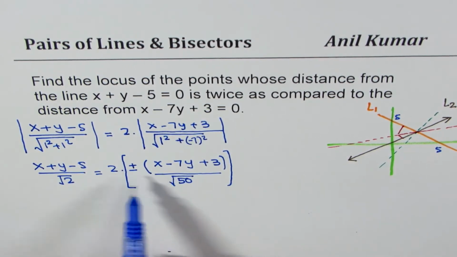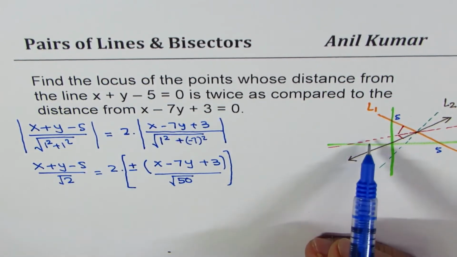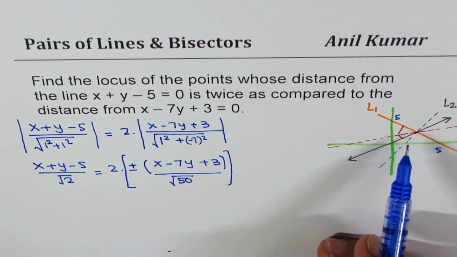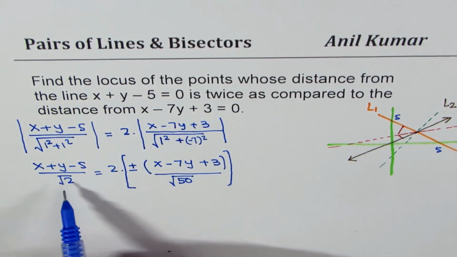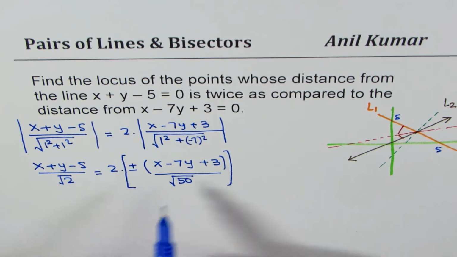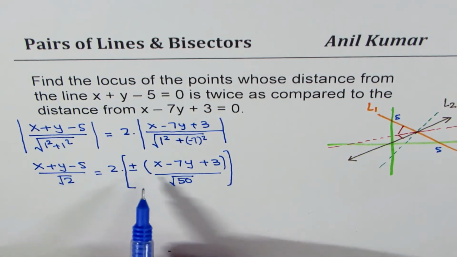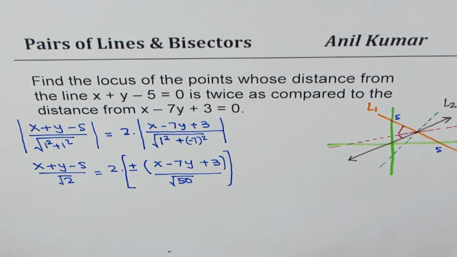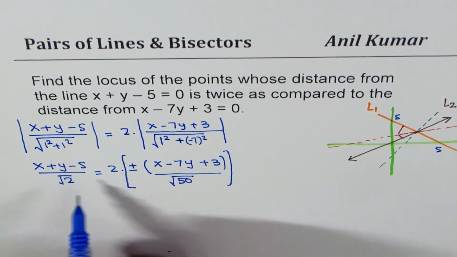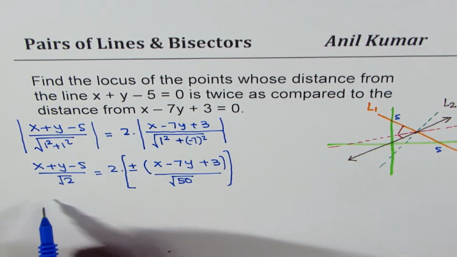Now that gives you two equations basically, and these are the two equations for these two lines, right? So we'll just cross multiply. We could simplify the square root of 50, I should have written it here. Anyway, let's continue. We will write one more step here.